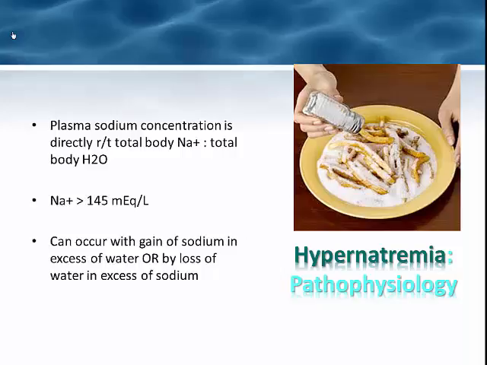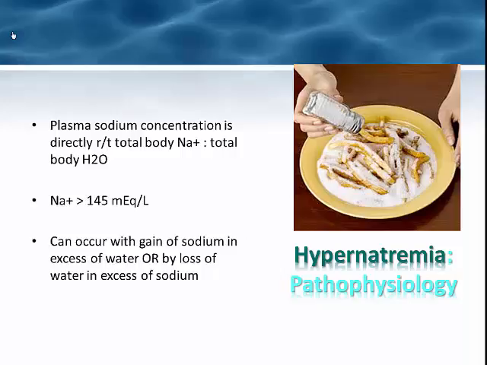So if I think of that, I'm thinking of way too many Tums. Watery diarrhea, extreme insensible water loss, so if we remember the burn patient or the patient with an extremely high fever, and someone who has diabetes insipidus, which is a deficiency of ADH from the posterior pituitary.